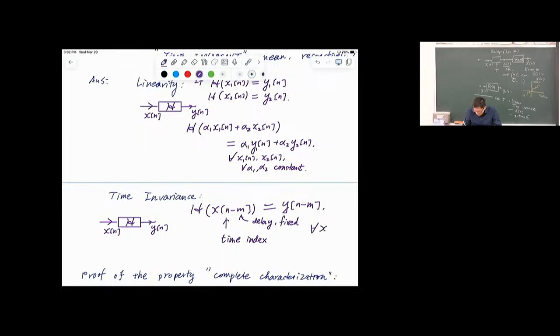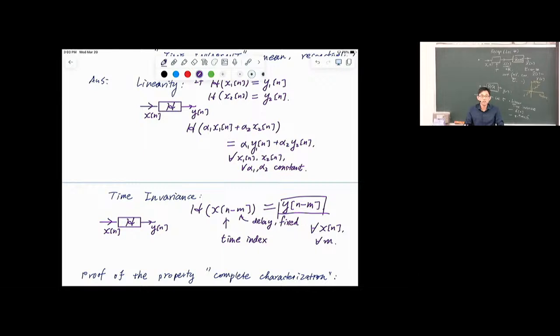So if for any input and any fixed samples of delay, the output is also delayed by m samples, then we call the system time invariant, because its behavior is the same. When we delay the input by m samples, the output is also delayed by m samples. There's nothing trickier than that.